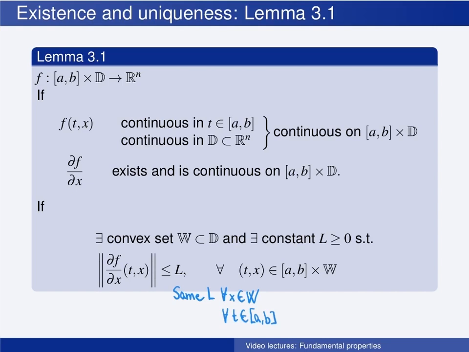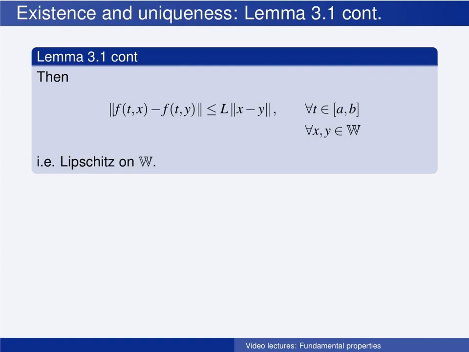Another way to state this is to say that the partial derivative of f with respect to x is uniformly bounded on a to b and W. If these conditions are satisfied, then Lemma 3.1 says that f is Lipschitz on the set W. The lemma thus shows how a Lipschitz constant L can be calculated using knowledge of the partial derivative of f with respect to x.